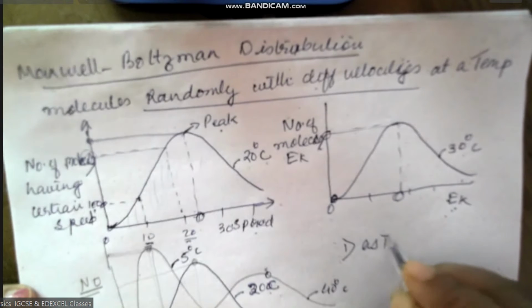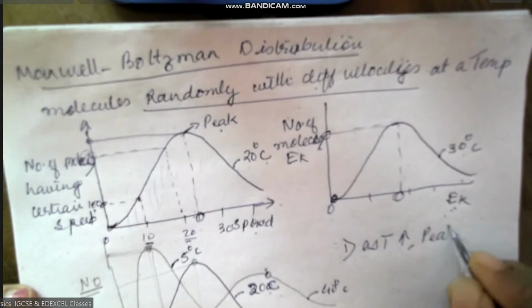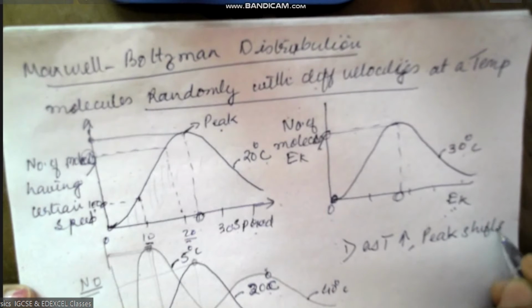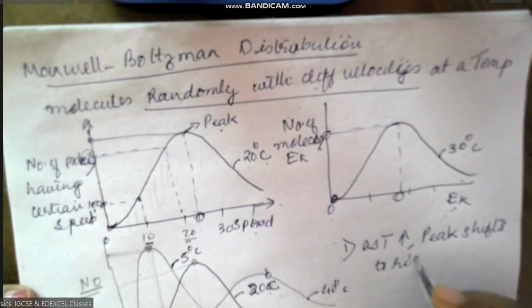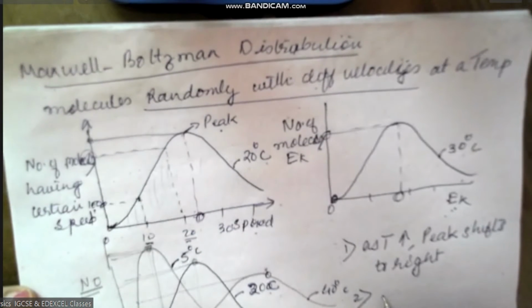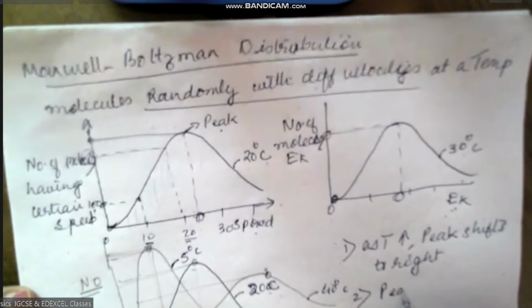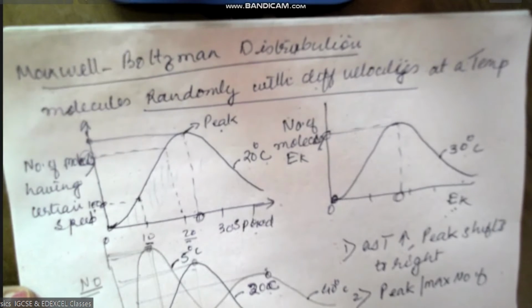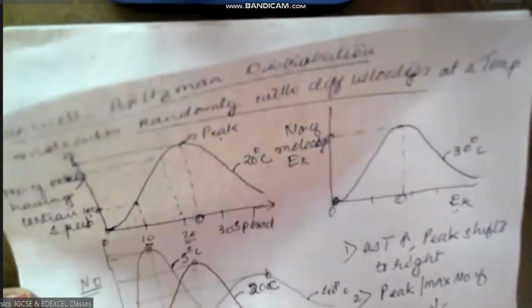Now what happens if you continue heating, if you draw a graph for a higher temperature, say 40 degrees Celsius? The graph will be like this. The shape remains the same, but what do we notice? The peak shifts to the right. So what do we observe? Number one, as temperature increases, the peak shifts to the right.